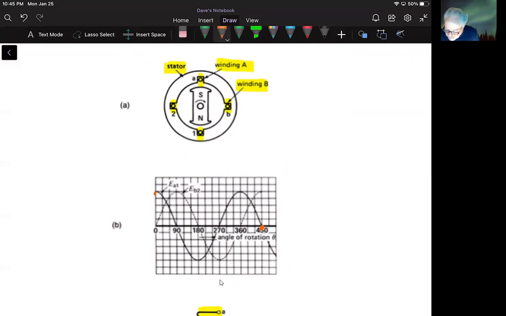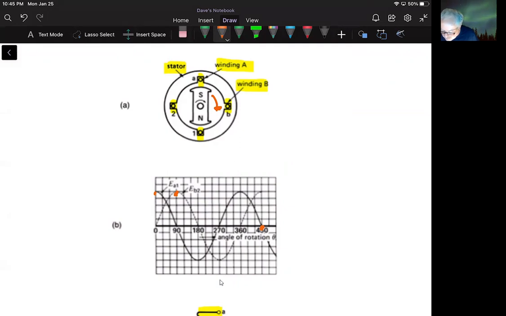And then as I rotate, if you can imagine this magnet moving to this position, then coil B is at that point going to see its peak voltage. And of course, this is going to continue to repeat itself as we continue to roll through.